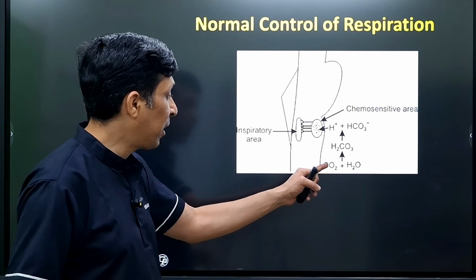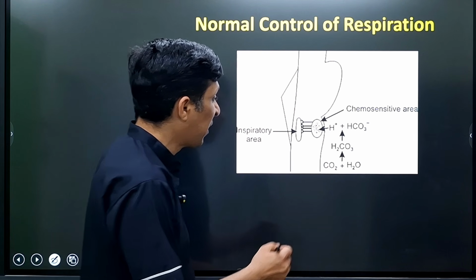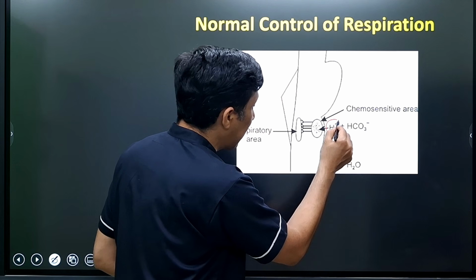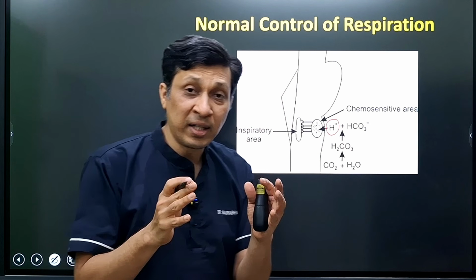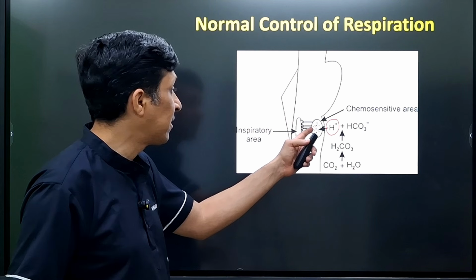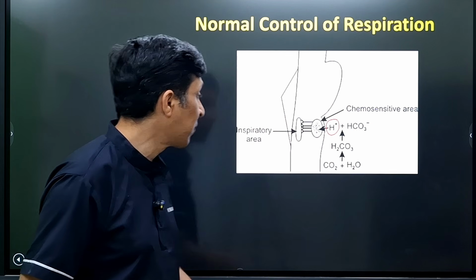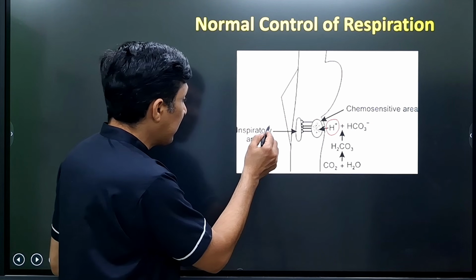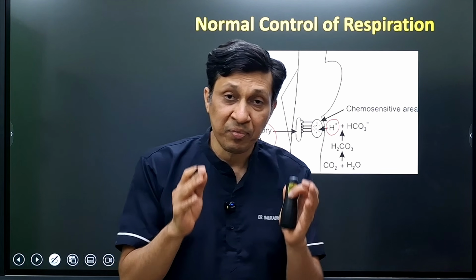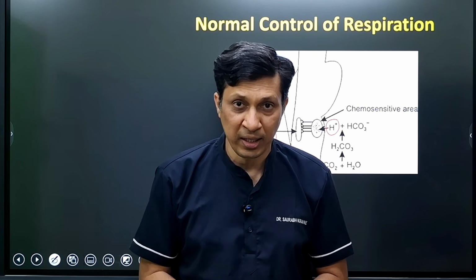When carbon dioxide rises in the blood, it ultimately leads to a rise in H ions, or fall in the pH in the CSF, and this stimulates the chemosensitive area, which ultimately stimulates the inspiratory area, and in this way respiration is stimulated.